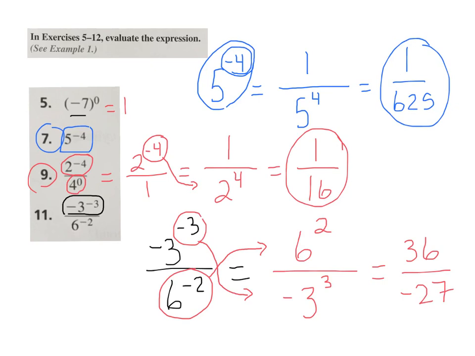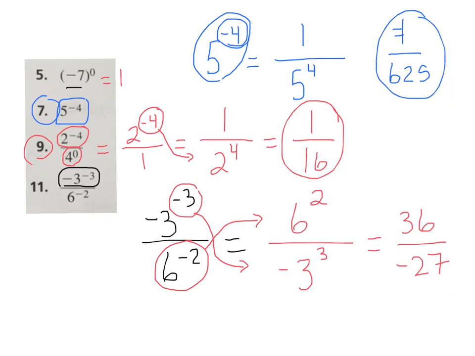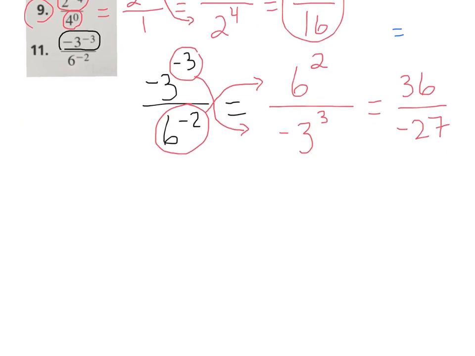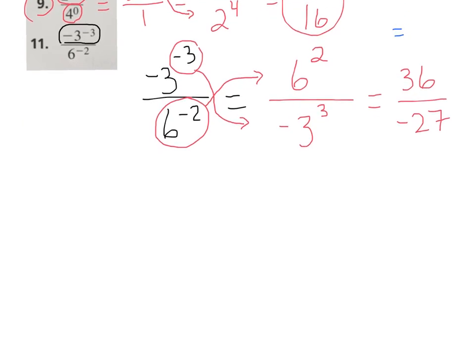Okay, now we need to see if that'll reduce. So I'm going to type 36 divided by negative 27 and see if I can simplify my fraction, and I can. And so I'm going to move this up so I can get a little more space, and 36 divided by negative 27 will reduce. So we've got to think of a number that will go into 36 that will also go into negative 27. Let's try 3.